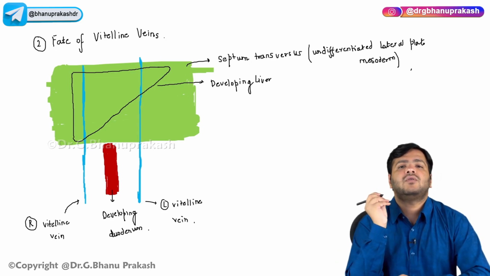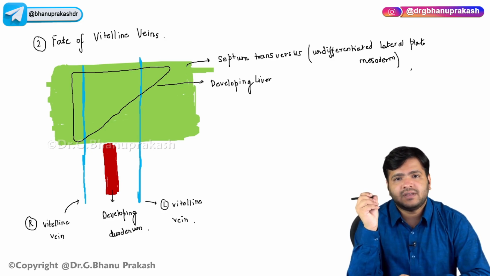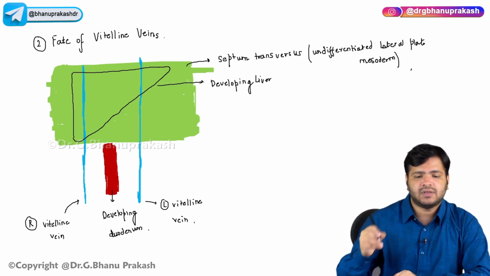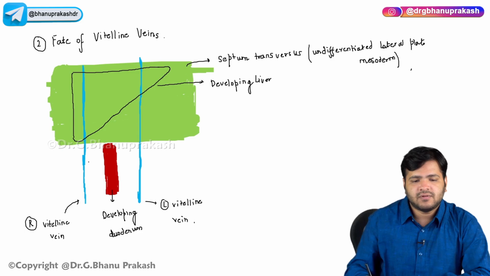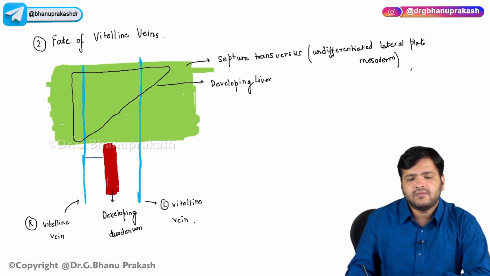Now what will happen? There will be connections between the right and the left vitelline vein. The first connection between the right and the left vitelline vein will be in front of the duodenum. So let me use the highlighter for this.